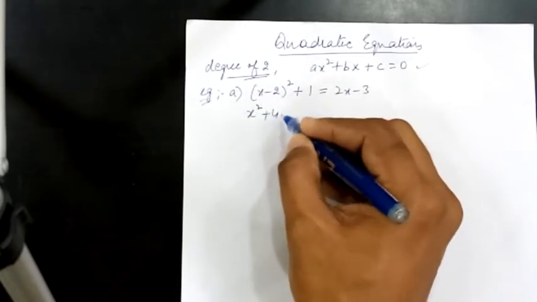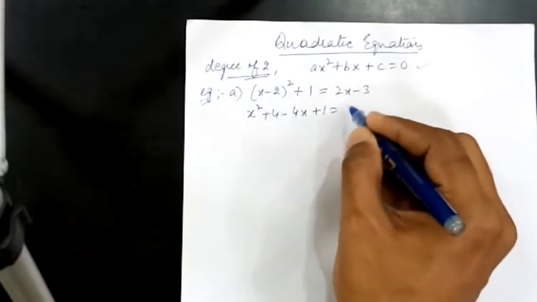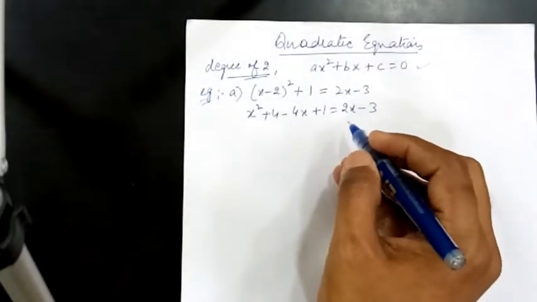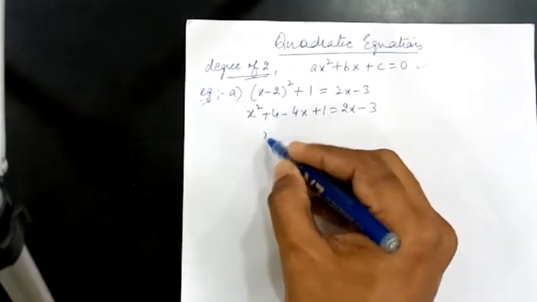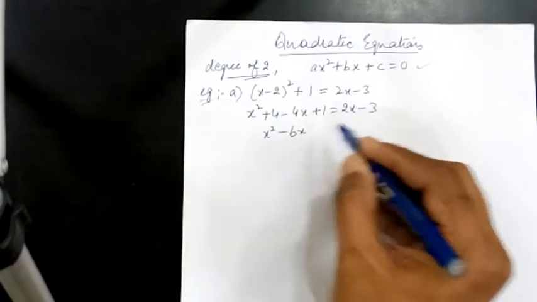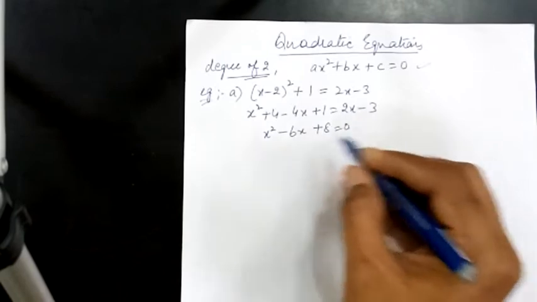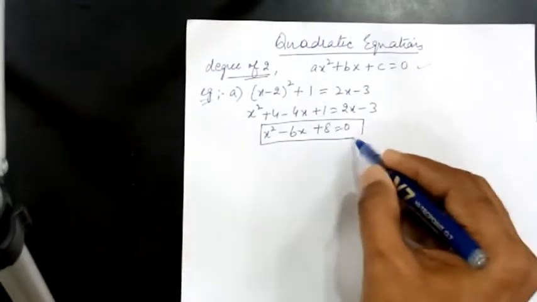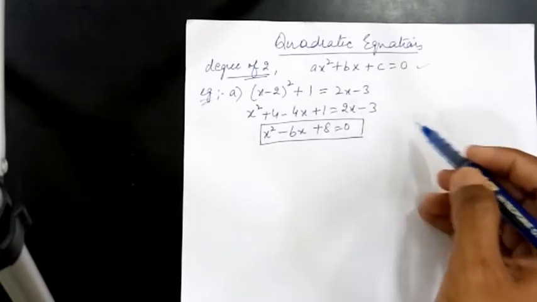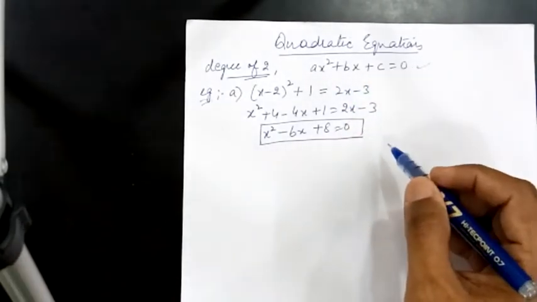So you can take it like this, equals 2x minus 3. Now you can solve it further in this manner. It will be x square, and if you take 2x over here, you get minus 6x, and then plus 8, that is equal to 0. So this equation is in the form of ax square plus bx plus c equal to 0.